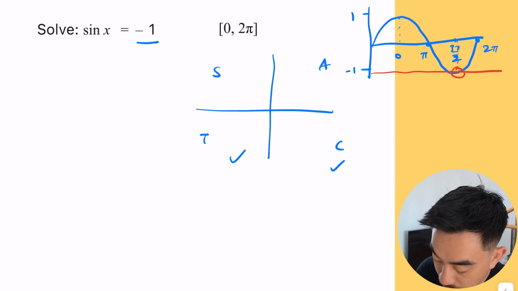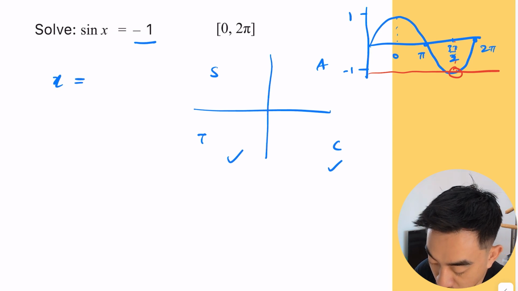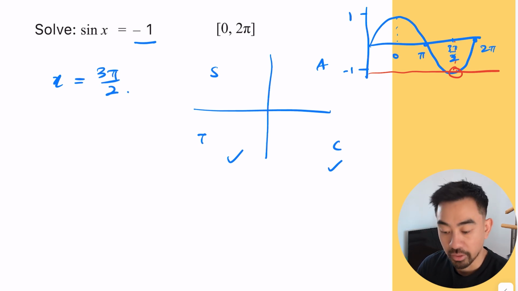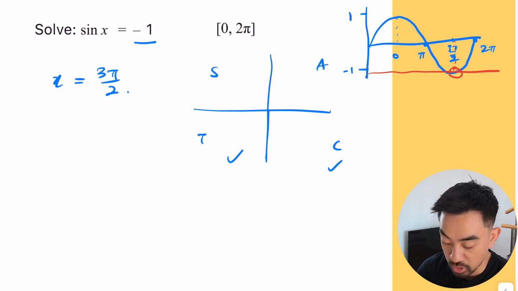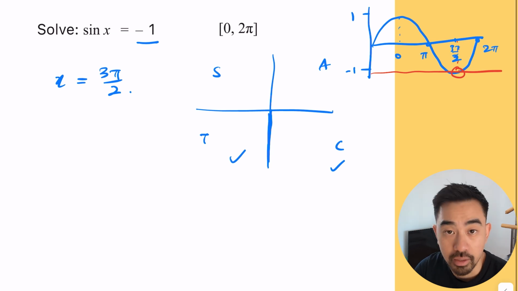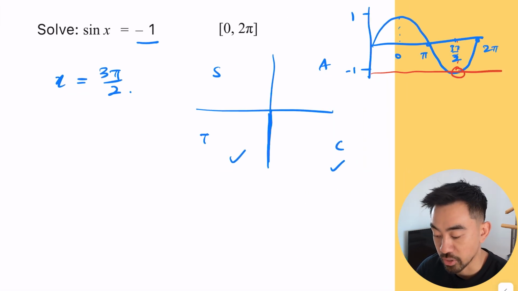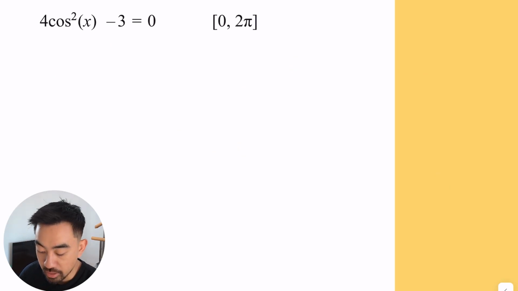So x is just going to be 3 pi on 2. Okay, so we've only got one solution here. So in other words, it's just right there. So in fact, you don't even need the quadrant for this one, but it just helps when you're trying to do these questions.